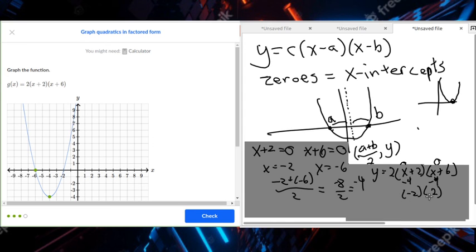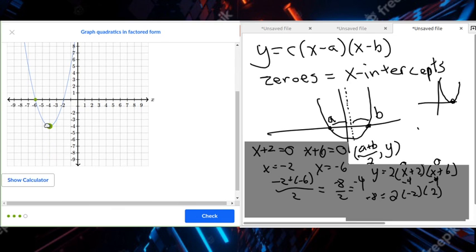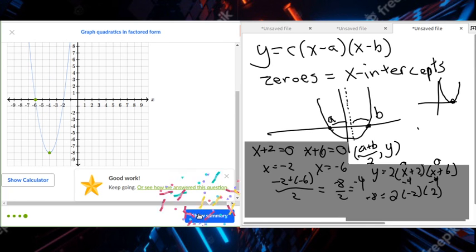Shock, there we got those pairs again, and then it's going to be times 2. So our y value is going to be negative 8. So let's go ahead and put this up over here. All right, so that's how you graph using factored form.